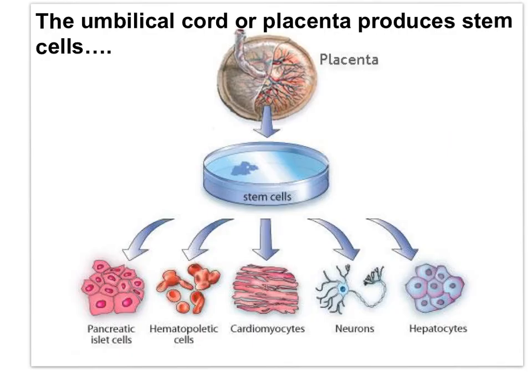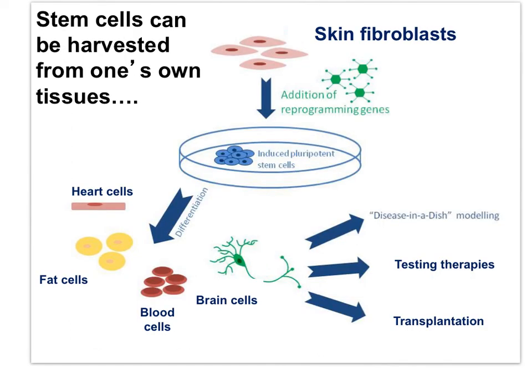There are other sources of stem cells, from the placenta or from the umbilical cord. The use of the umbilical cord or placental stem cells would remove the ethical concerns of using embryos. Scientists are working on harvesting stem cells from the body of the person requiring the new tissues or transplanted tissues.